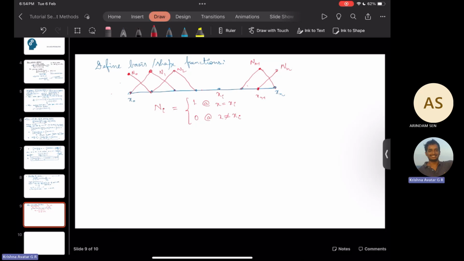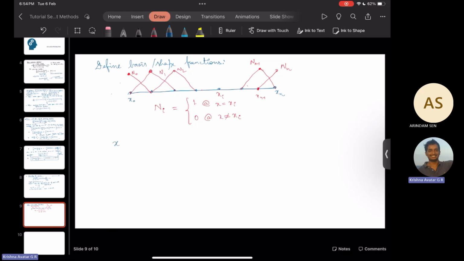So this is the requirement on the shape functions. And using this idea, we can actually express the domain, and we'll clearly see why and how.